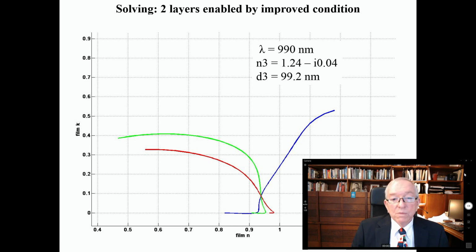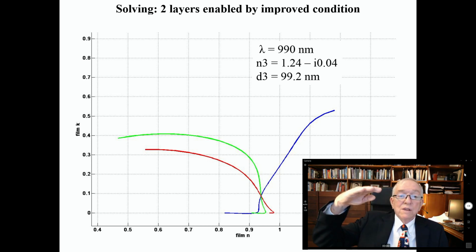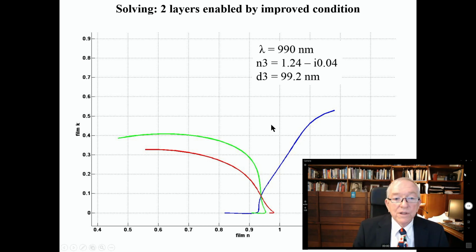Now I'll refresh your memory that the first model was a graded layer model for the least squares, and that meant that the value of n and k varied as a function of thickness. And so it shouldn't shock us that we find another way of modeling it, and this time rather than with a multiple number of layers, but 2 only, and that's all we can solve mathematically for this. But 2, and one of them we get 99.2, and the rest makes up to the 401 roughly.